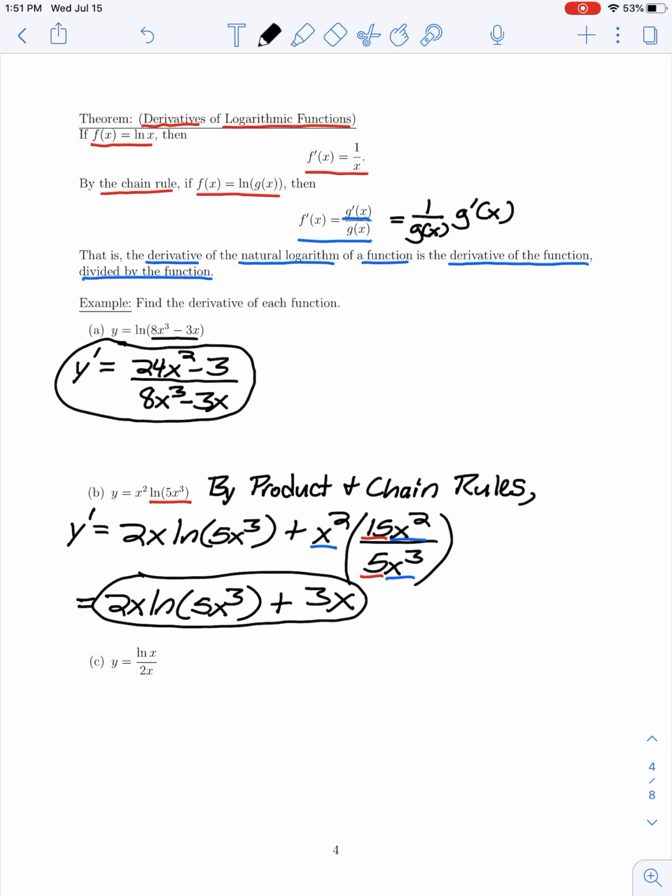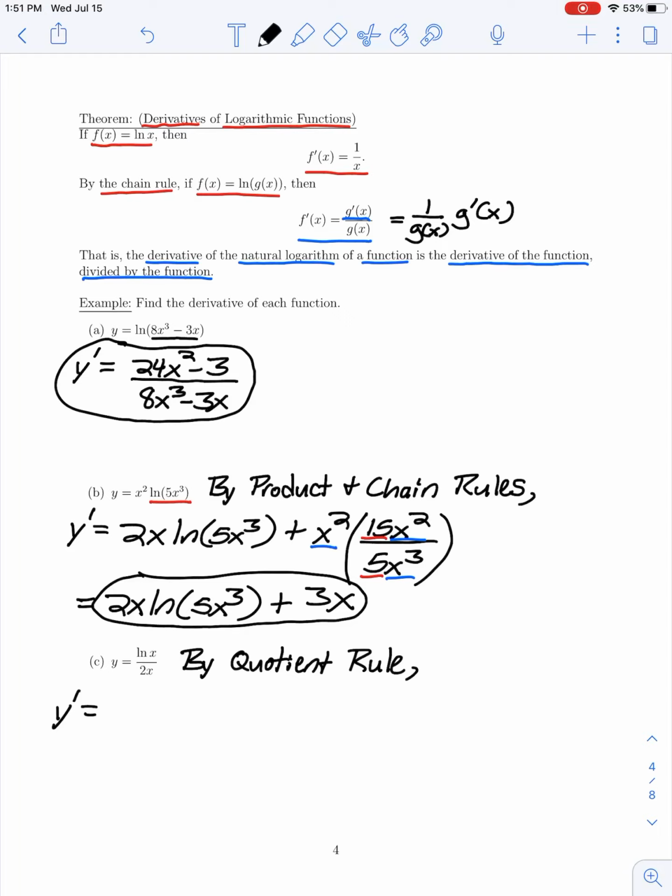Now in part C, we have y is the natural log of x divided by 2 times x. To differentiate, we would make use of the quotient rule. So by using the quotient rule, our derivative, y prime, is found by first differentiating the numerator.